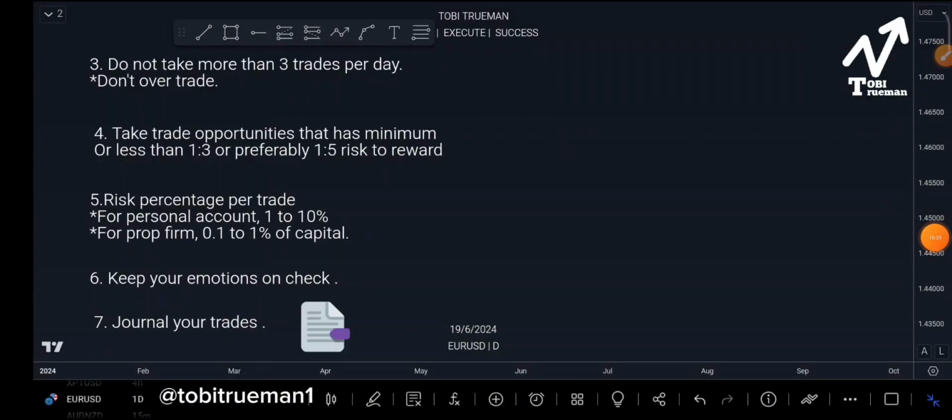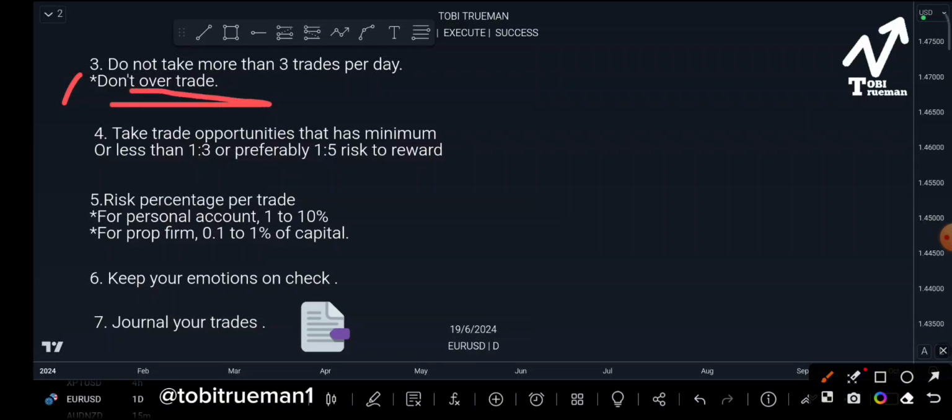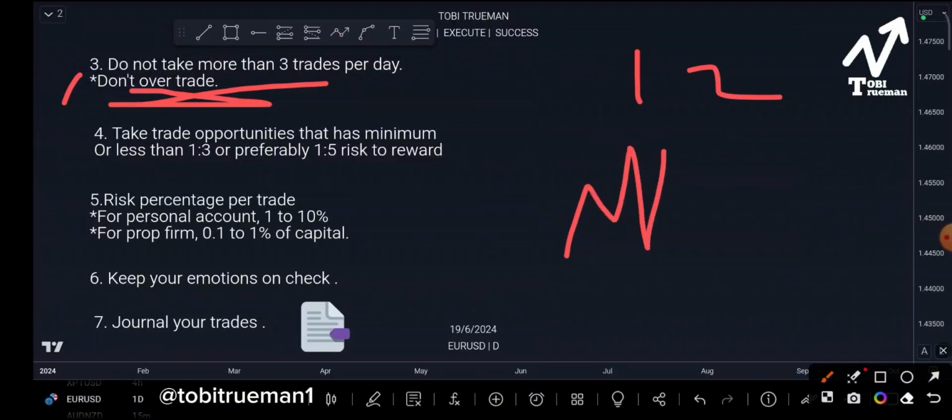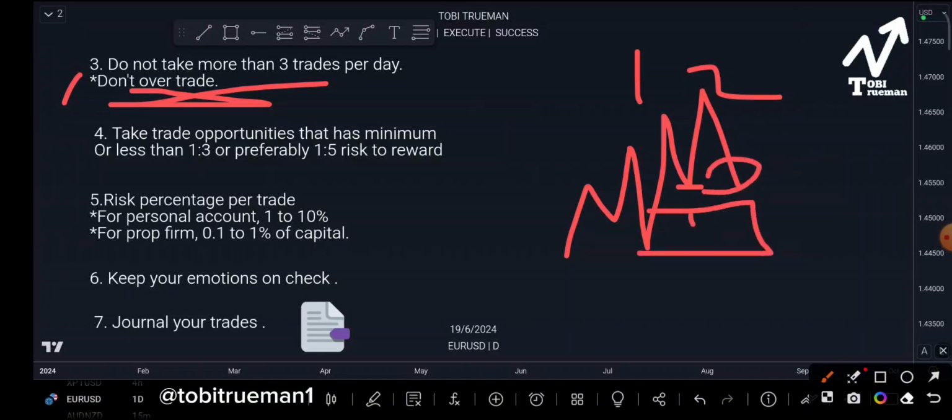Now coming to the final aspect of these rules and risk management, number 3: do not take more than 3 trades per day, meaning that you should not overtrade. That is why, when you are looking at the 12 pairs like I recommended when trading forex, after marking out your market structure, you wait for price to take inducement if there's an opportunity, or price to come to the order block, probably during the New York session.